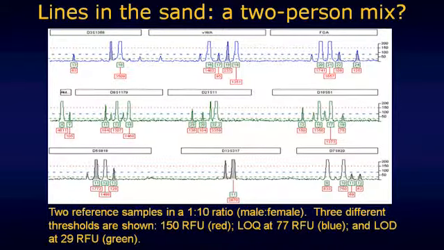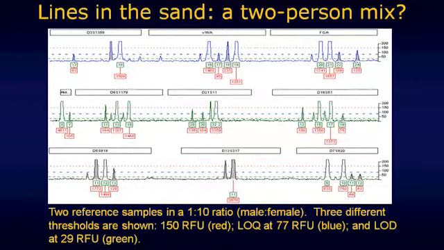And I tell you what, there's not a single peak from the minor contributor, the male in this case, that wouldn't be detected if you went down to the limit of quantitation. And there's not a single peak that you pick up that you would later on say is noise, because it didn't come from these two known contributors.